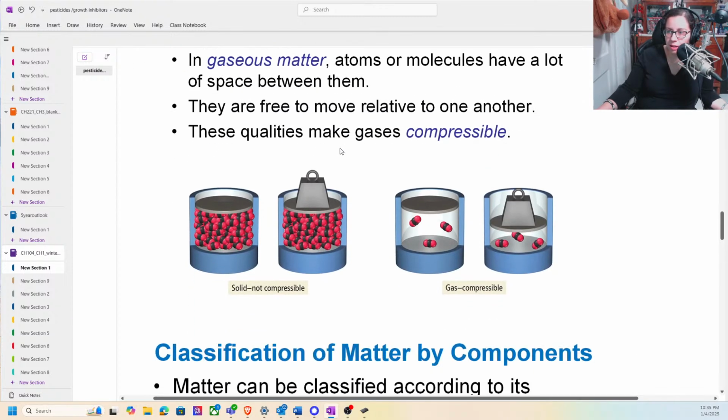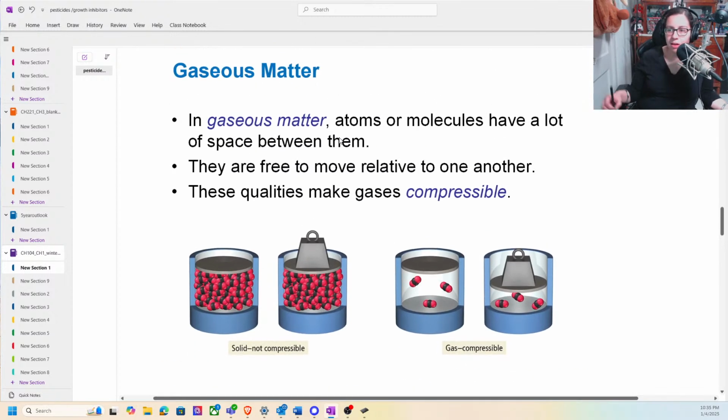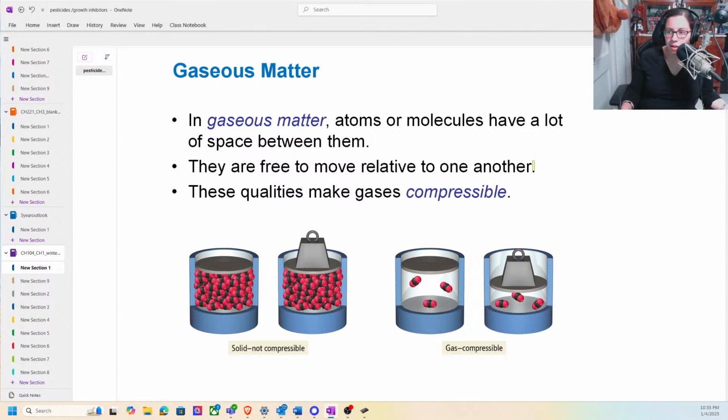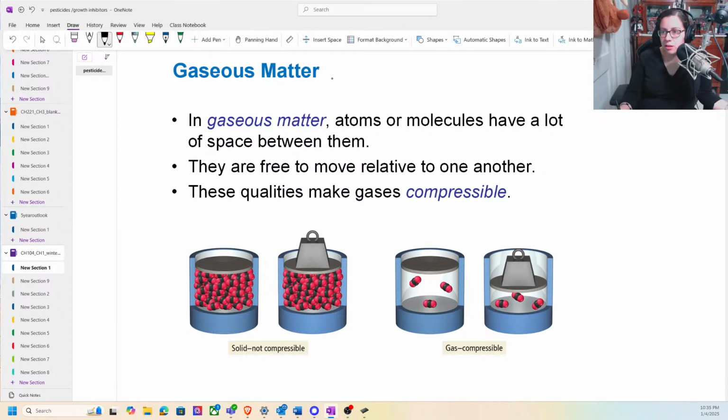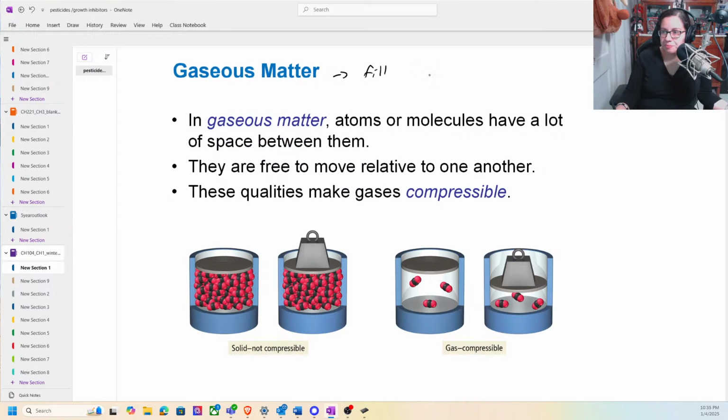And then, as we mentioned, gases have a lot of space, meaning we can compress them. They can fill up different volumes of containers. Often we say that gases will fill the room. Just think about that: you have a balloon, you pop it, and it's not just going to stay in one localized area.